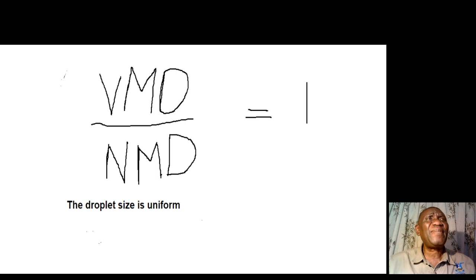So what you are simply saying is that if we divide the VMD by NMD, and we get a figure which is 1 or close to 1, it means the droplets coming out of a nozzle are uniform.